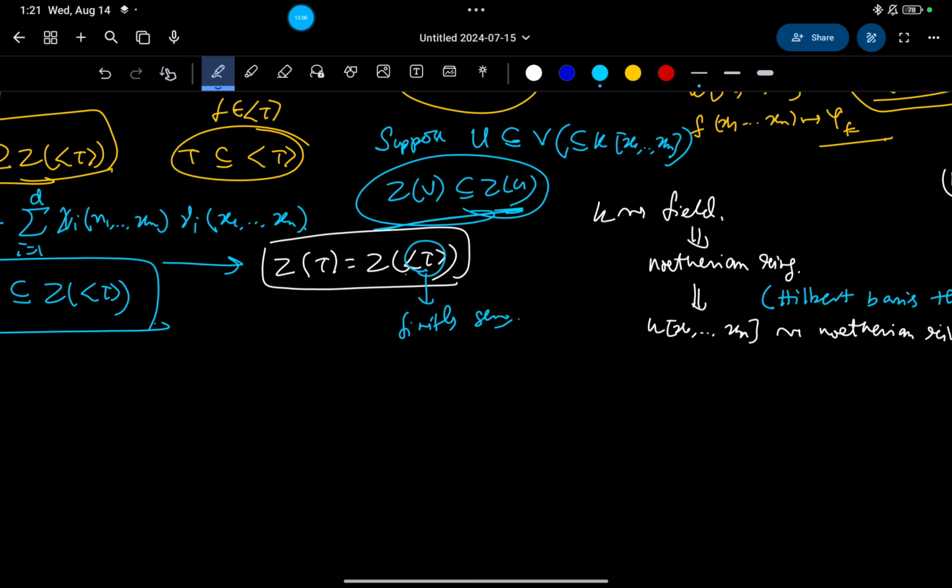So this ideal generated by T is the same as the ideal generated by some finitely many elements, let us call them h1 up to hl.